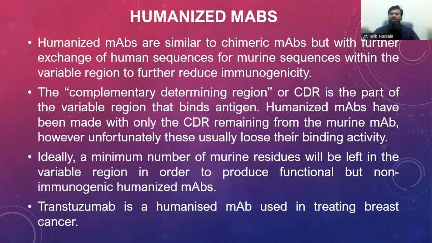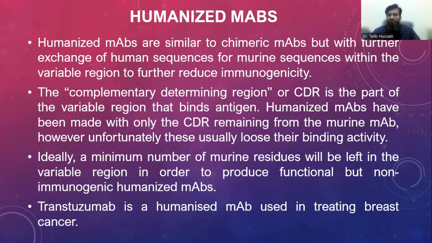Humanized MABs are similar to chimeric. For example, they have a variable region of the mouse and the constant region of the human genome. But we have also replaced those low binding and high binding sites in the variable region, which are other than the epitope, by the human sequences.